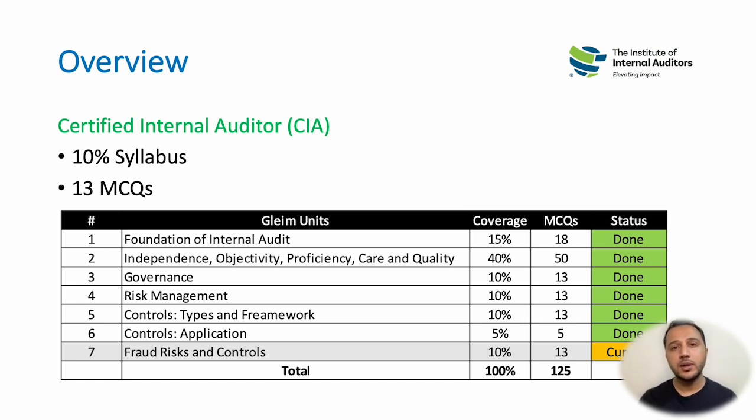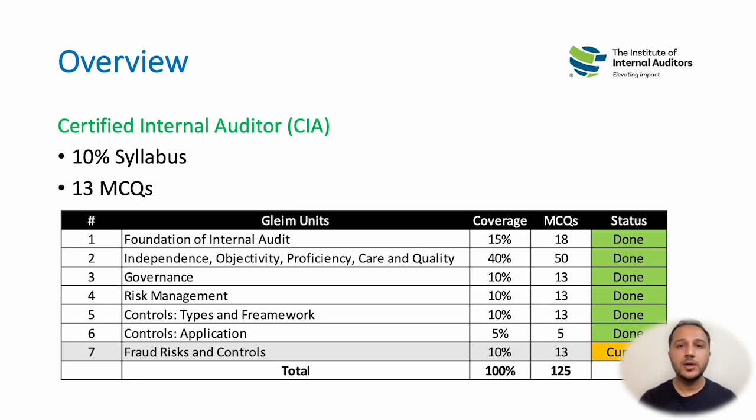If you look at the entire CIA Part 1 course, you will figure out there are 5 key elements. We talk about the foundation of internal audit, some basics about internal audit. Then we discuss certain terminologies and concepts related to internal audit. The third is corporate governance. The fourth is risk, and the fifth is controls.